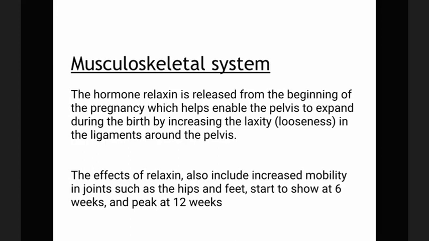Okay, the effect of relaxin hormone is increased mobility of the joints, especially starting from the beginning of the pregnancy. And commonly they come up with suprapubic pain, which is a little bit of subluxation or little inflammatory changes occurring in the pubic symphysis joint, that is called SPD.